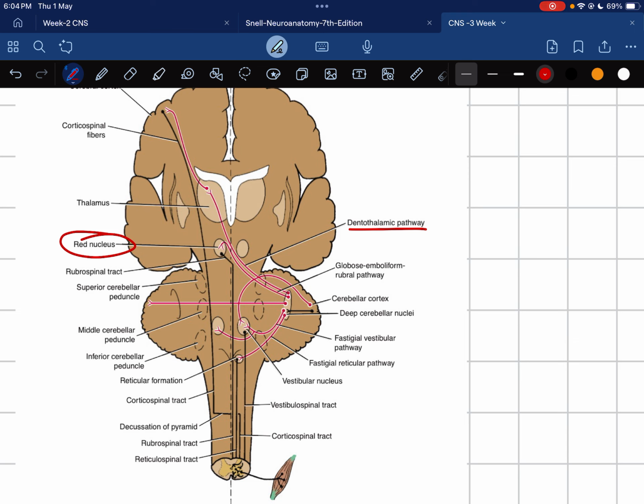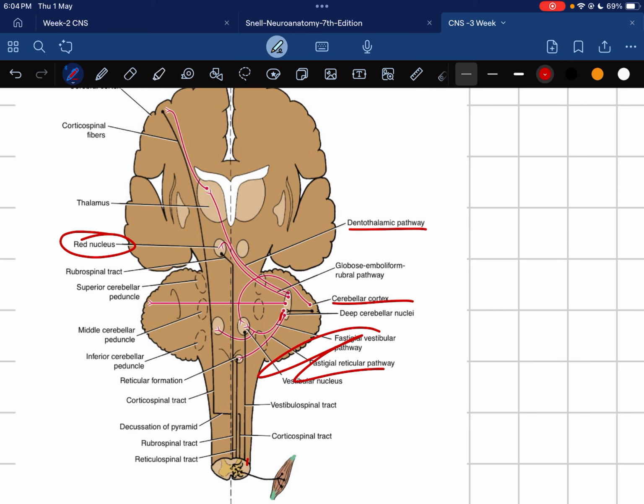And there is a fiber from the vestibular pathway, which goes from the deep nucleus to the cerebral cortex. And this fiber also comes to the vestibular nuclei, and from the vestibular nuclei there is the vestibulospinal tract, and also a connection of the vestibular nuclei to the cerebral cortex, and these give information.